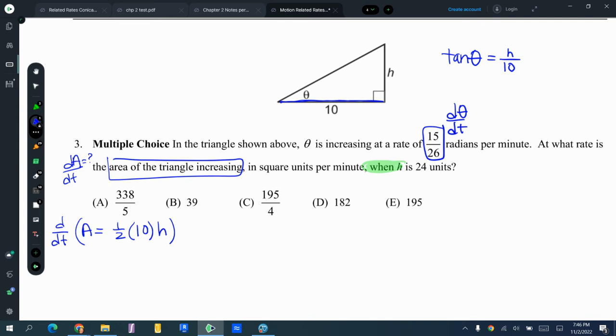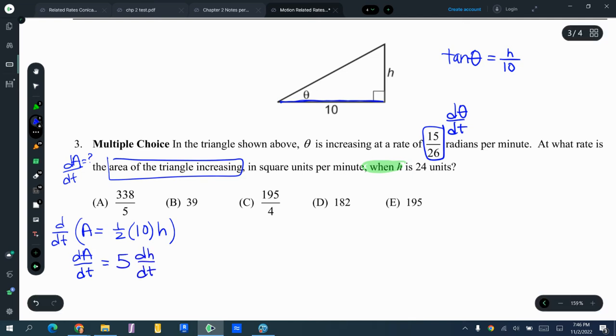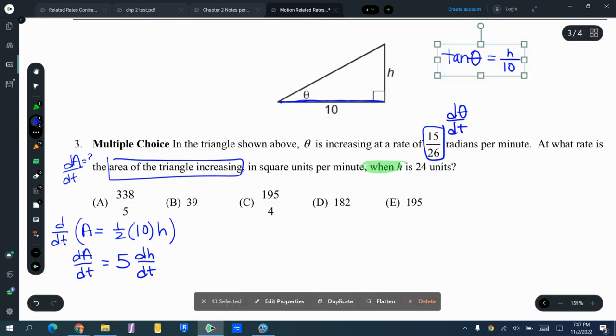So if we were to do the derivative of this guy, I'm actually debating right now if I want to do a substitution and get rid of the h and use a theta instead. I think most of you would probably have done this, so I'm going to stick with this. And by the way, that was 5 times h. So the derivative of 5h is just going to be 5 dh/dt. Okay. So the reason I left it is because I think most of you would have probably done that. I'm going to come over here and actually move this guy.